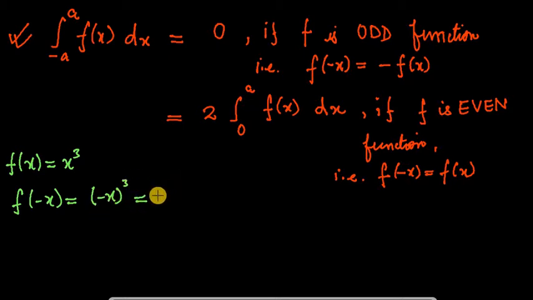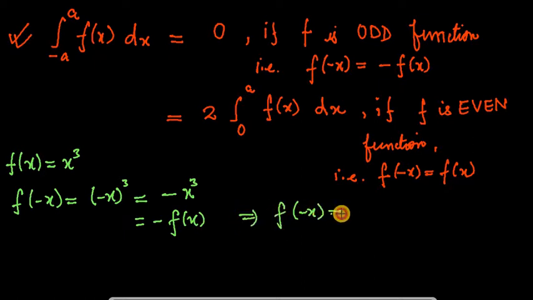Minus multiplied 3 times will give minus, so this is equal to minus x cube, and x cube is originally f(x), so we can say this is equal to minus f(x). So f of minus x is equal to minus f(x). This implies the condition for an odd function is true. So this function x cube is an odd function.